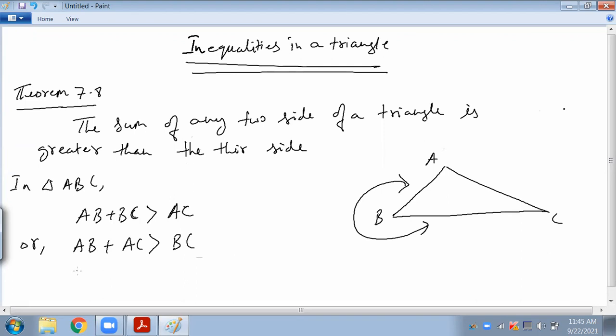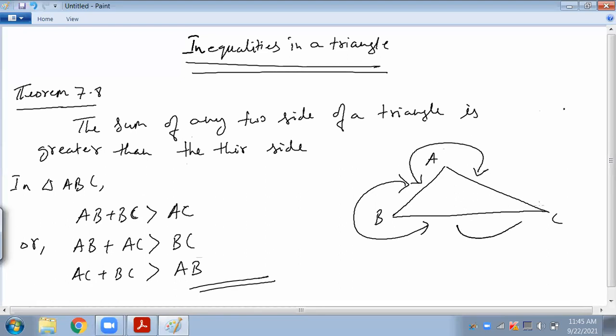Or if you take BC plus AC, it will be greater than AB. That means the sum of any two sides of a triangle will be greater than the third side. So AB plus BC is greater than AC, AB plus AC is greater than BC, and BC plus AC is greater than AB.